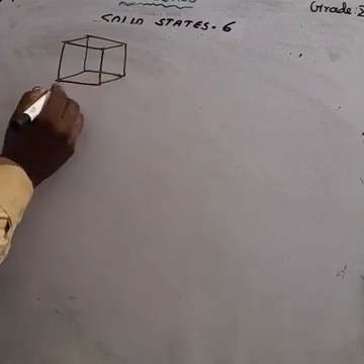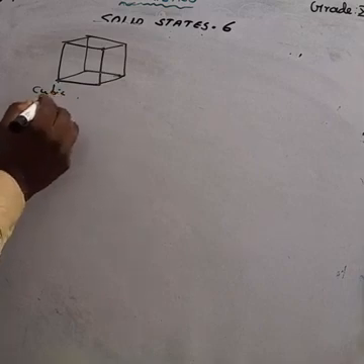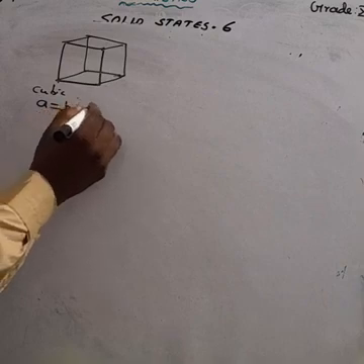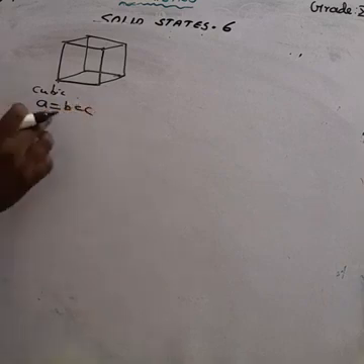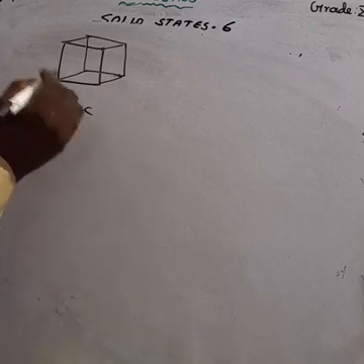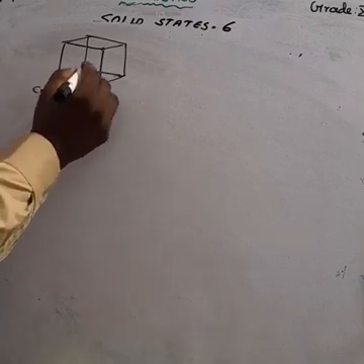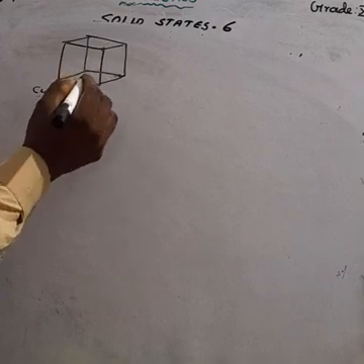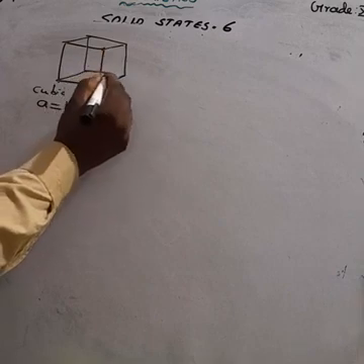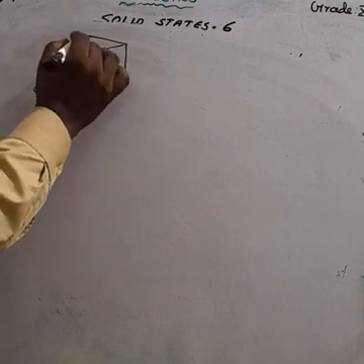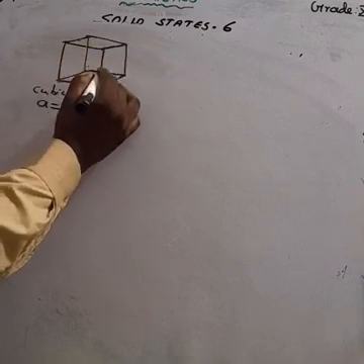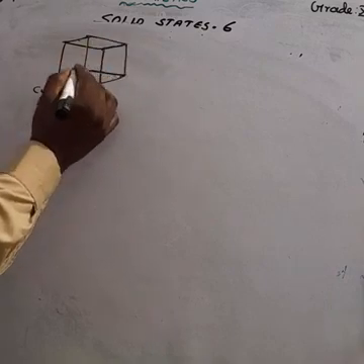Here a length is equal to b length, and b length is equal to c length. First we draw the cube. I'm drawing one cube; this is not perfect, so you have to draw the correct form. This is one cube.